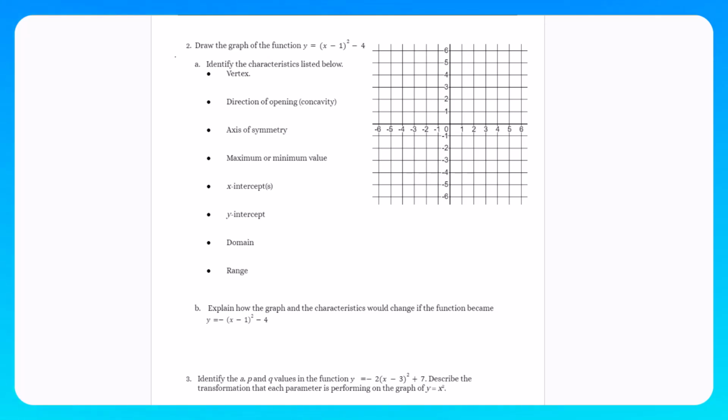All right, let's look at this question. It says, draw the graph of the function y equals (x minus 1) squared minus 4. I want you to take a moment to do this by creating a table of values if you wish, and come back and I'll have the graph drawn for you.